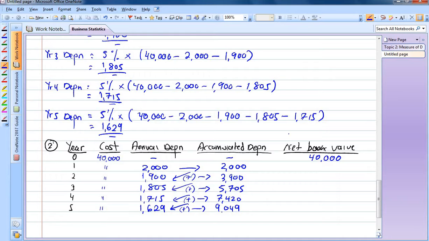Is that okay guys? So this is cost minus accumulated depreciation.